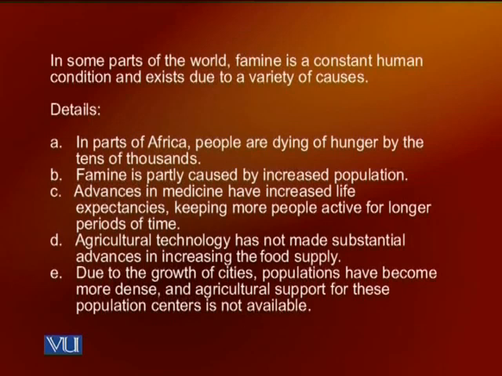E, due to the growth of cities, populations have become more dense and agricultural support for these population centers is not available. Out of these 5, it is C that should not follow the topic sentence.